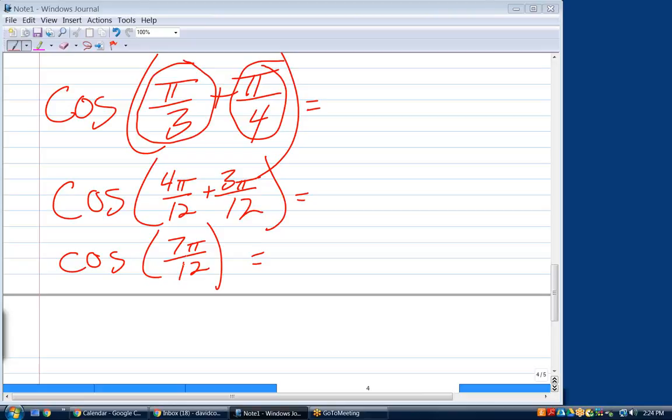Whereas you don't know the answer to cosine of 7 pi over 12, but you can now find it out. In other words, if you can put together two angles that you know the trig function of, then you can figure out the trig function of odd angles.